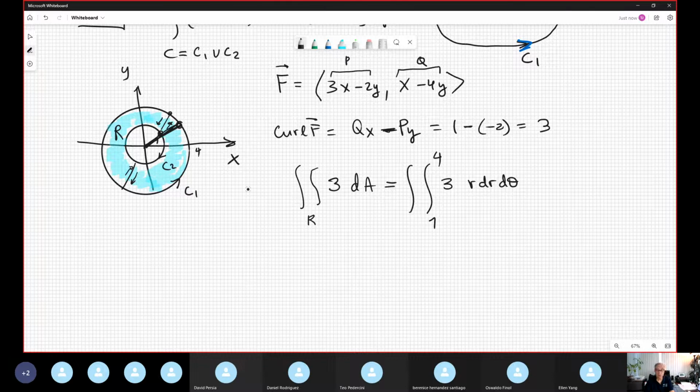And theta goes from 0 to 2 pi because it's a full circle or full ring. And now you can separate because remember the limits are constant. We can separate, separable variables. This is 1 to 4.